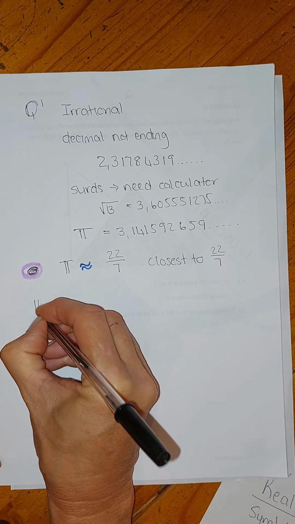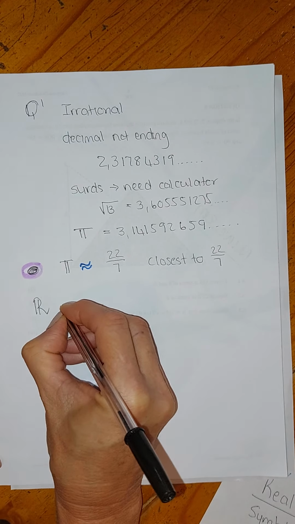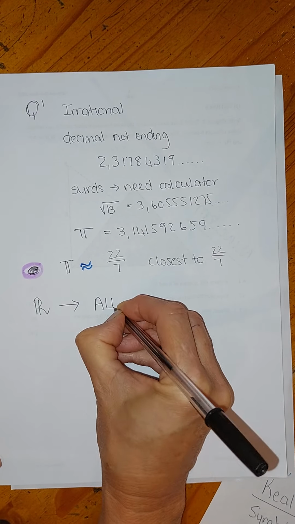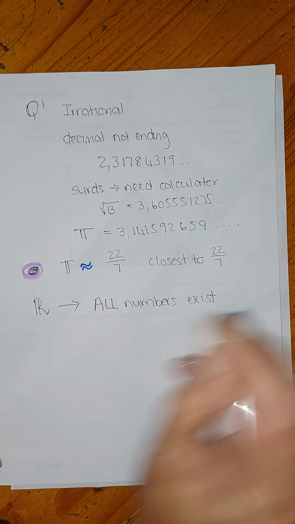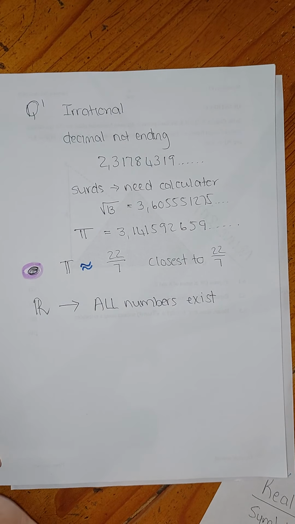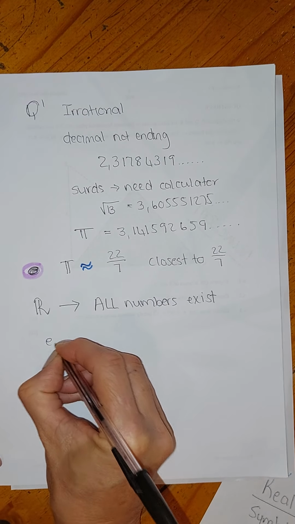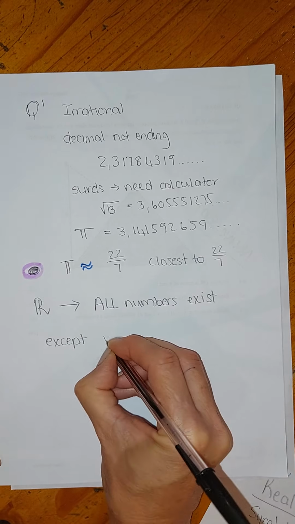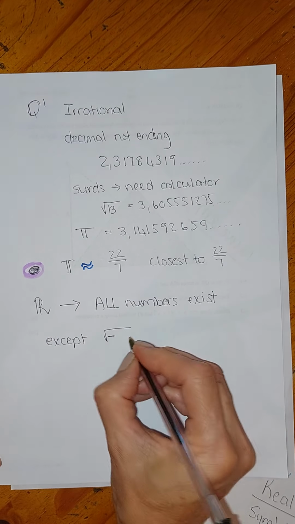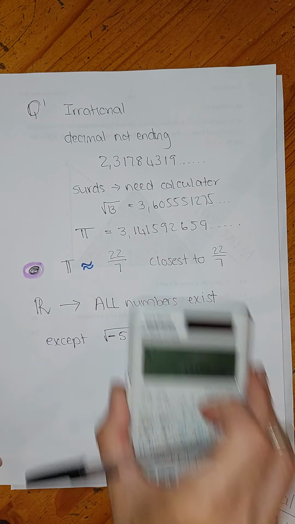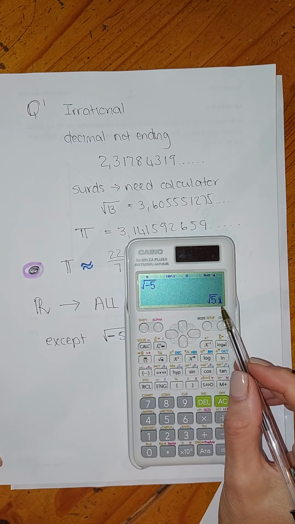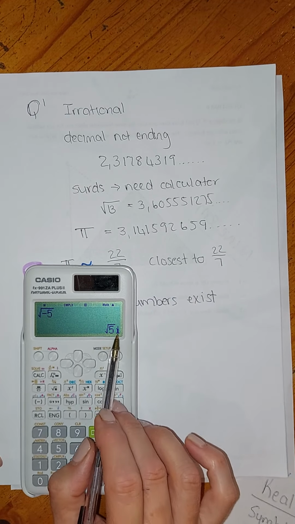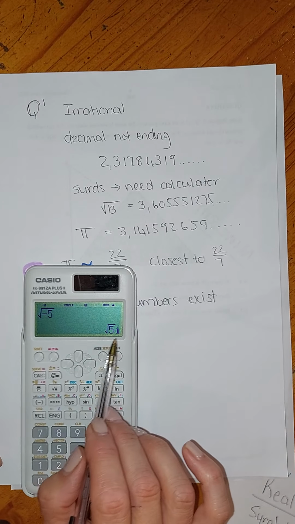But then we also have our real numbers. The real numbers are all the numbers that exist: decimals, fractions, surds, any number that exists, except for the square root of a negative number. If I take the square root of -5, my calculator is converting it to an i, but your calculators will show a math error.